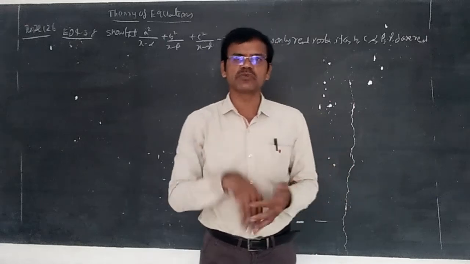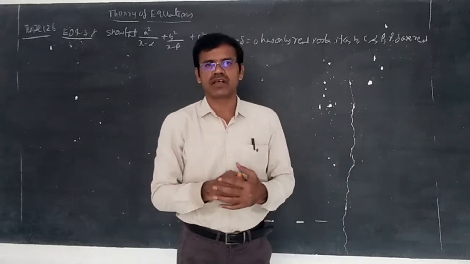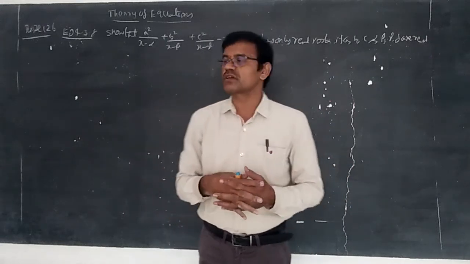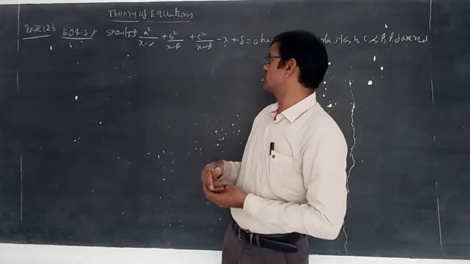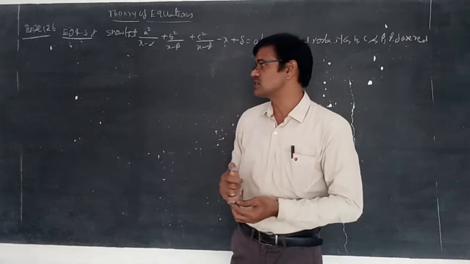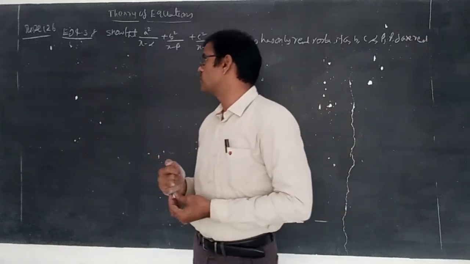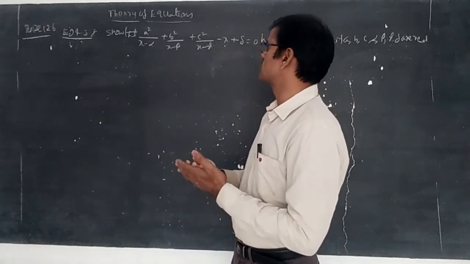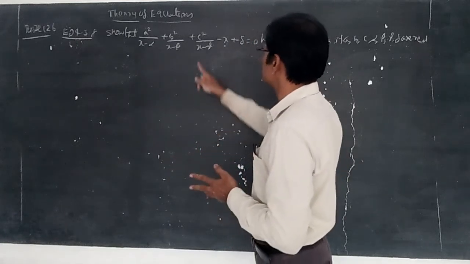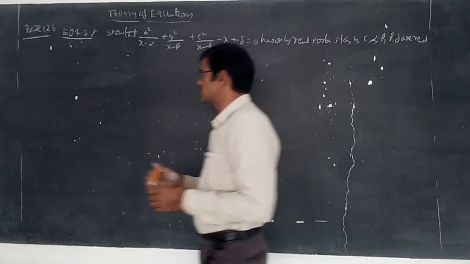So let us try to take that the equation has imaginary roots. Let p plus iq be a root. That means instead of x you can substitute p plus iq.